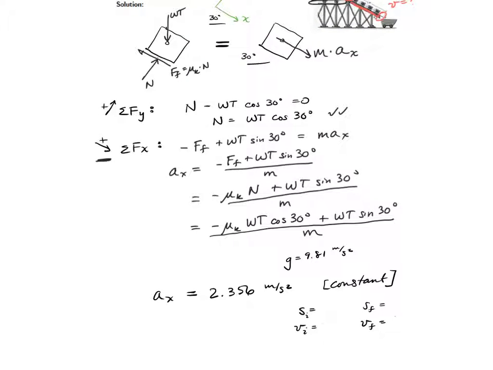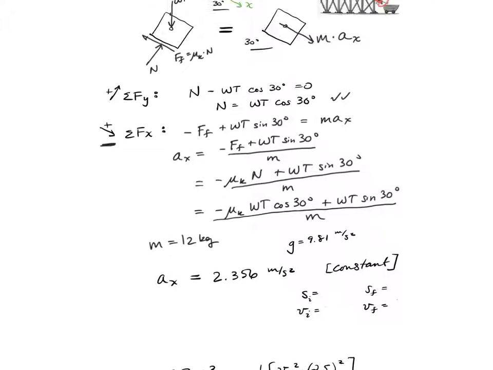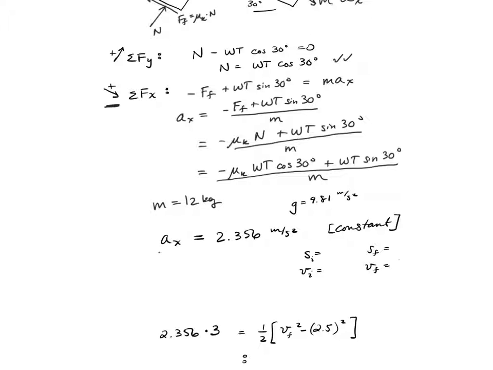I've got the mass is equal to 12 kilograms. I'm going to define the weight, so I'm going to have to multiply by 9.81. That's going to give me newtons. And if I go ahead and plug all those in, I end up finding that the acceleration is going to be a constant, and it's going to have a value of 2.356.